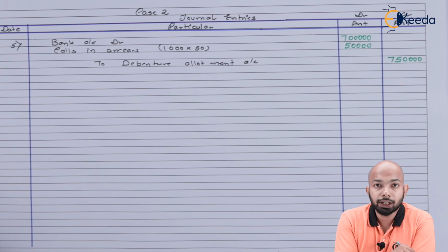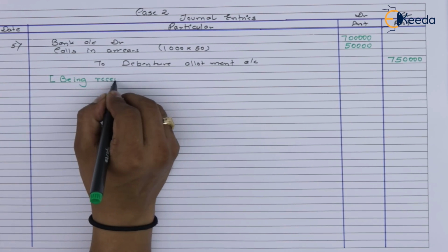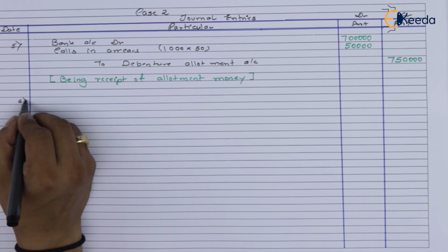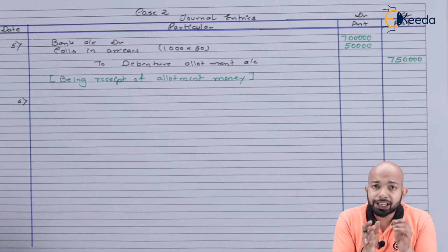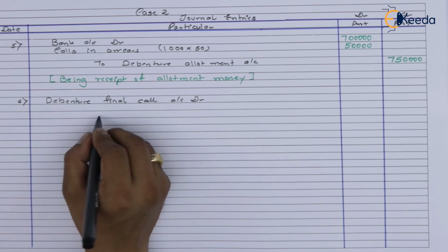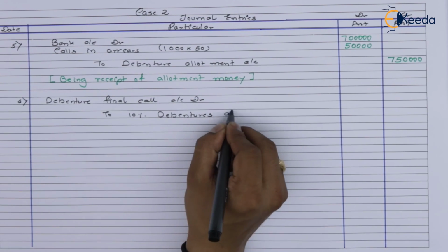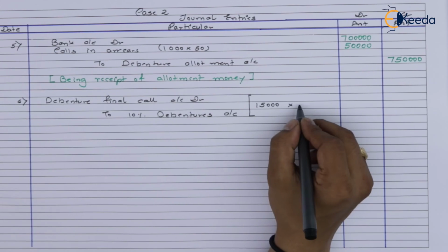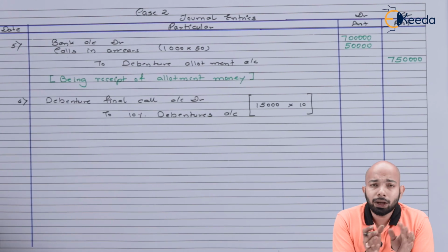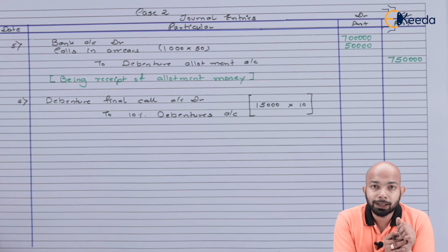Let's mention the narration now. Now, the next entry will be final call due. On final call, we only had to take 10 rupees. That means 15,000 multiplied by 10, 1,50,000 is the amount that we can expect.